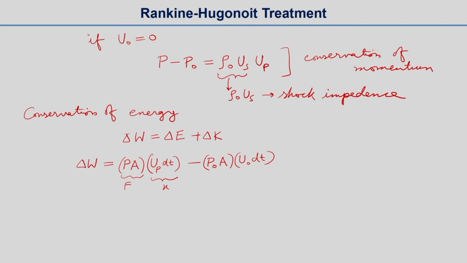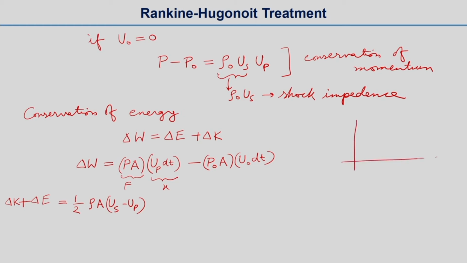Then the difference in total energy, which we can write as delta K, kinetic energy, and delta E, internal energy, will look like half of rho A (Us minus up), the apparent velocity of the particle moving away from the shock front, going behind, towards the left side of the shock front.